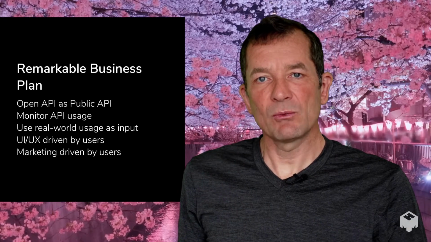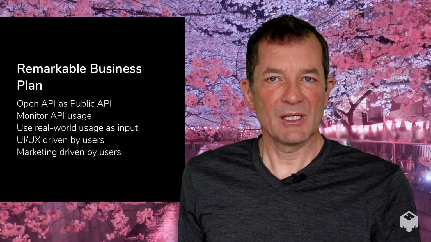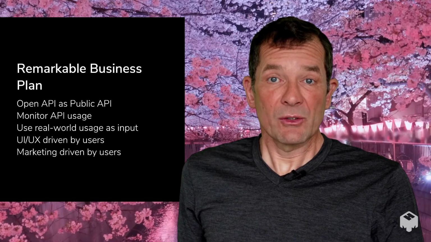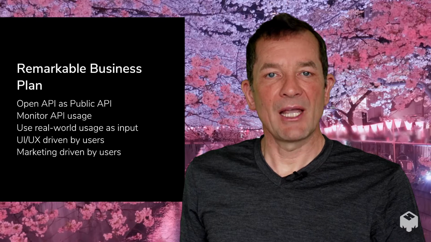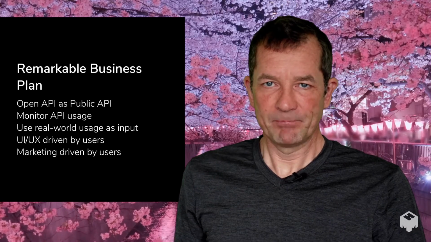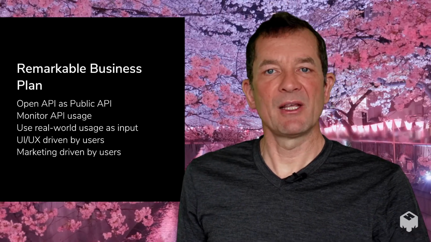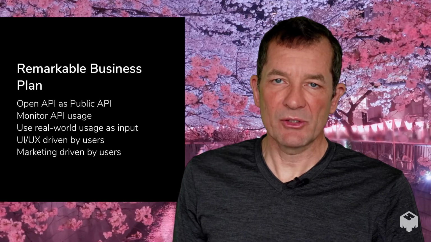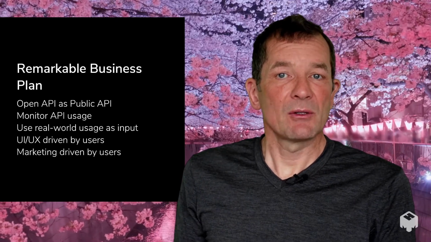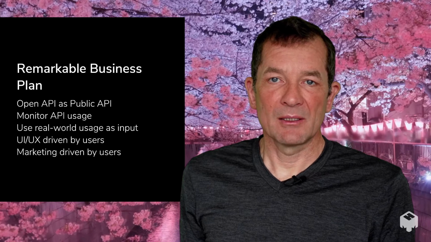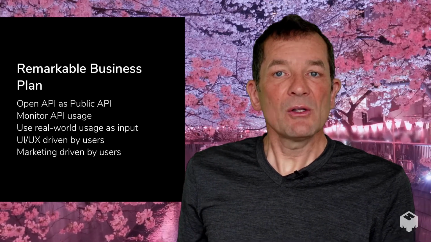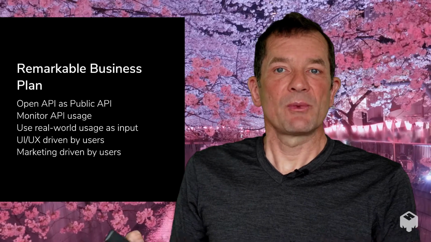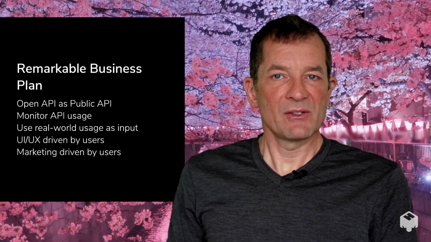Because you have real world usage from the field where people are doing certain things more than others. And you see that because you see how your API is being used. And if you turn it into an API that people need to register for, which you probably should, then you really have a pretty good grasp on what's going on. This allows you to understand better how your product is being used, and it also allows you to better understand what should we focus on in terms of user interface and user experience.